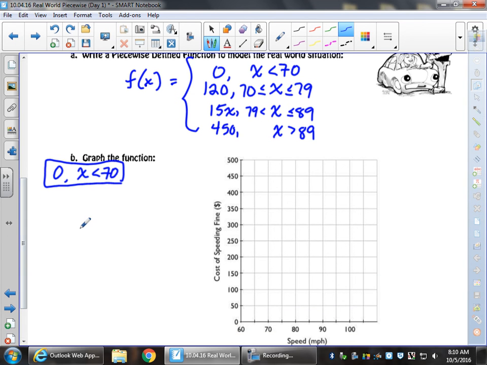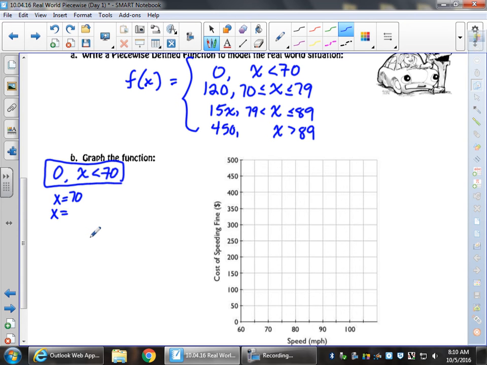What 2 points are you choosing for your first piece? 70 and what? 65, 60, either work. True. So check this out. So let's do X to 70. What's your second point going to be?